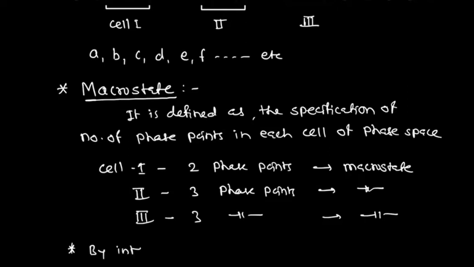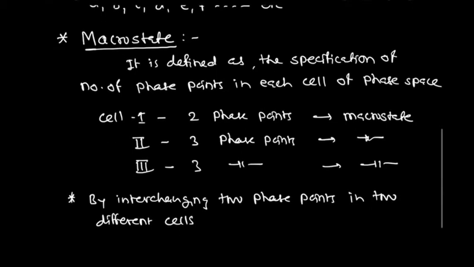By interchanging two phase points in 2 different cells, what is the result? We get different microstates.